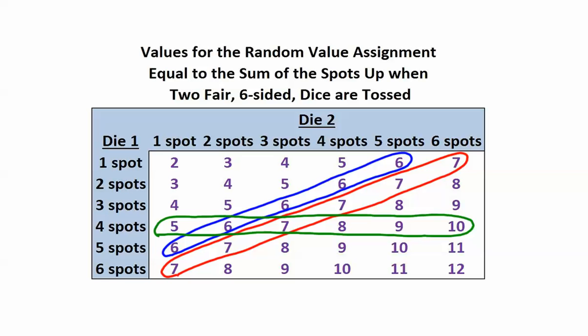There is my event C, and you'll notice that event C and B intersect in one place, and event C and A intersect in one place.